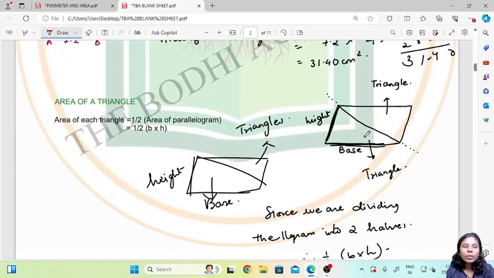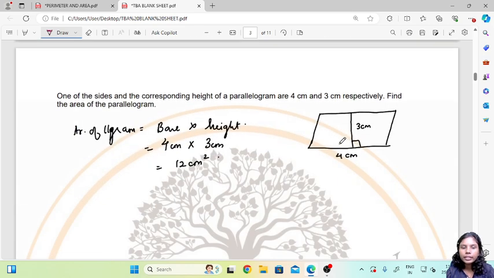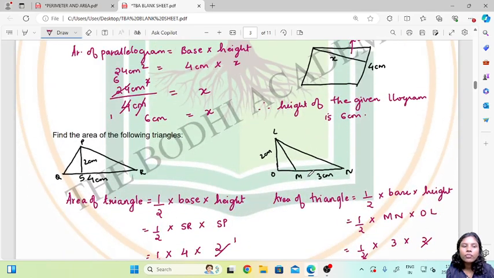Then we learned about the area of a triangle, and we said that it is half of the parallelogram. That is, when we draw a diagonal, we get two equal triangles. So therefore we add the half into area of parallelogram, that is base into height. Further we also solved some problems to find the area of a parallelogram and a triangle.